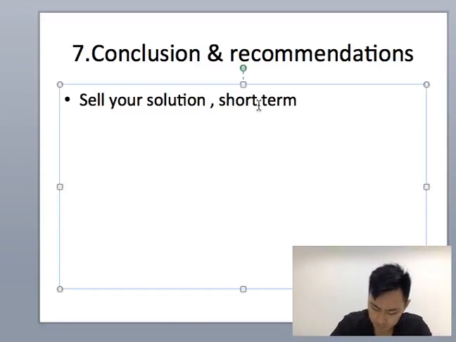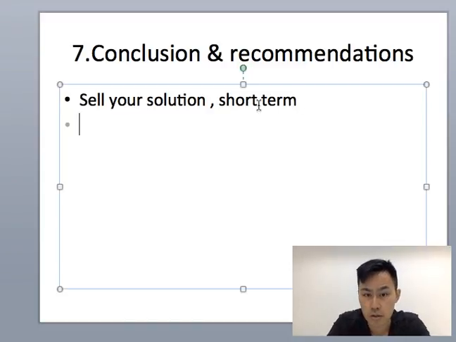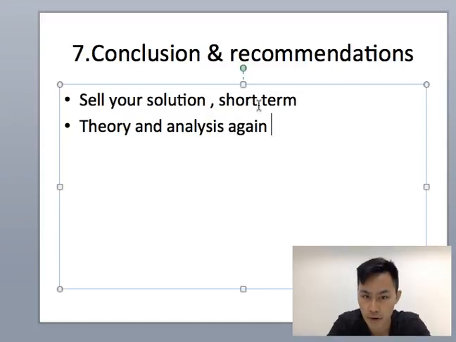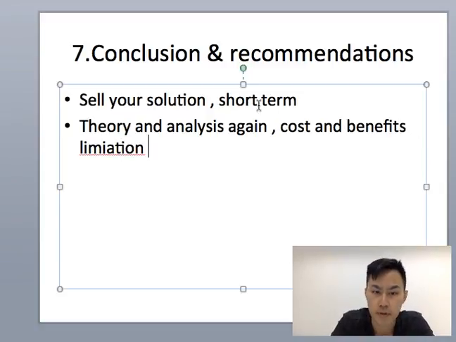But other than that, you have to mention again the analysis, like after the SWOT analysis, and also mention the theories and analysis again, right? And also mention their costs and benefits, like their limitation, okay?